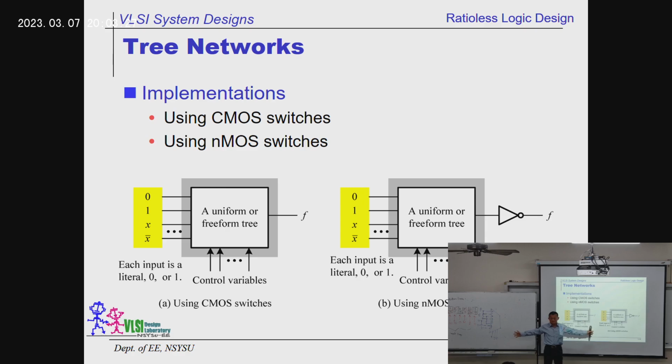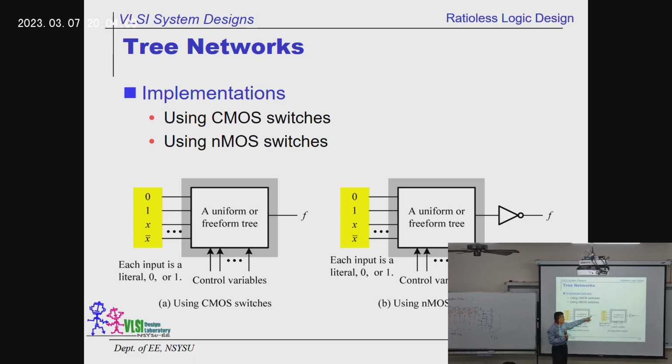So basically, these two ways are similar. This is the one you learned before when you were a freshman, and this is the one you learn now as a senior or junior student. What is the difference between these two? If you use the transmission gate as a switch, you don't need an inverter or buffer over here, because when you use the transmission gate, you are ensured to have VDD to ground full swing.